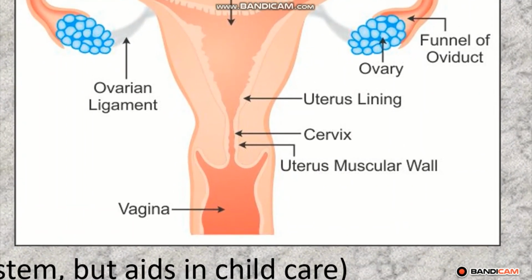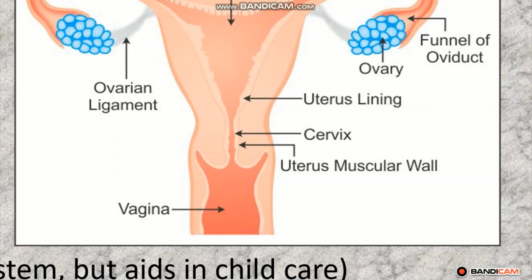Outside the vagina, the first part is known as the mons pubis. Mons pubis means fatty tissue, covered by skin and pubic hair. Over the mons pubis comes the labia majora.